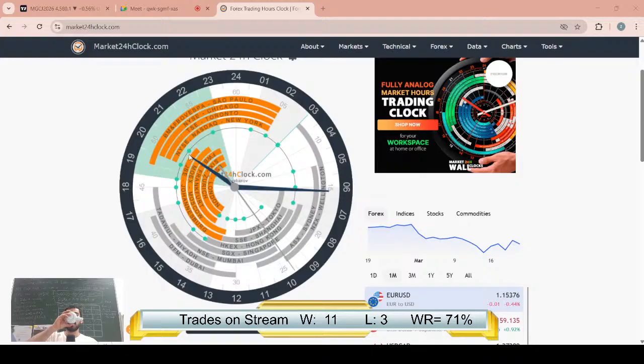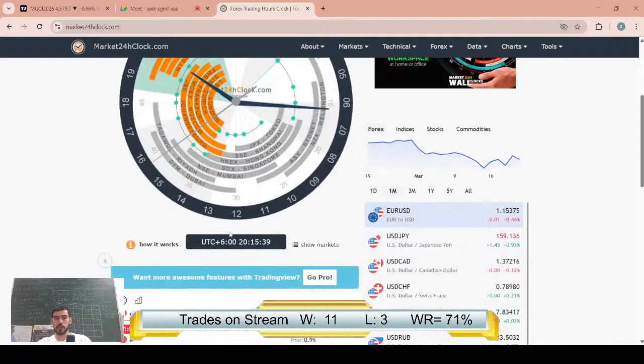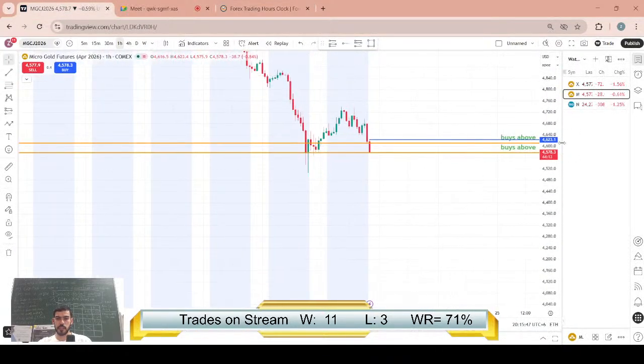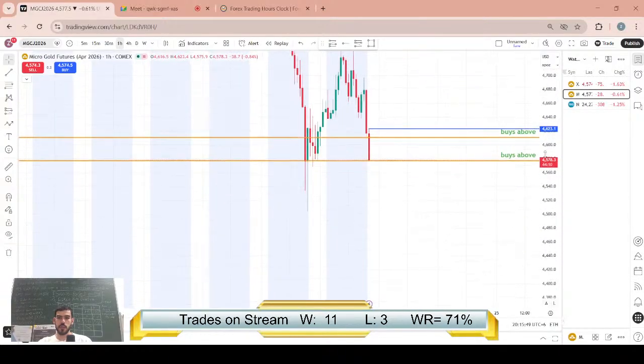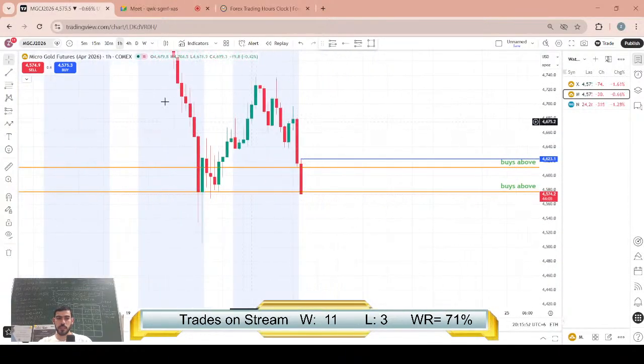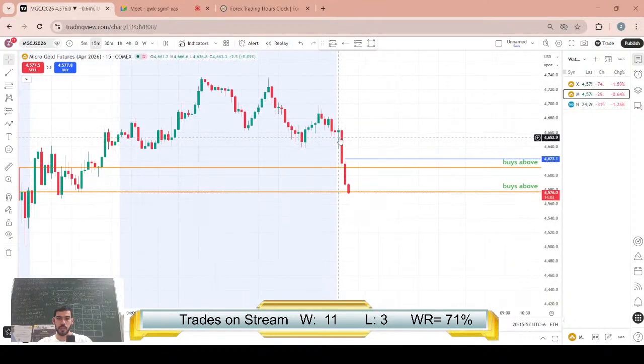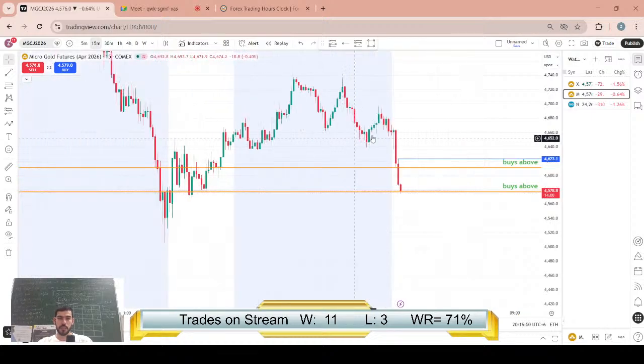NYSE used to open after 15 minutes from now in winter, but right now in summer it opens 1 hour before. You should Google it. Yeah, 7:30, I think, 1 hour before. Yeah, makes sense actually. It was when it started moving down, right here, this candle right here, where it started melting.